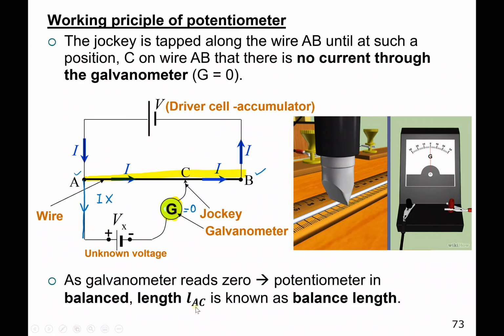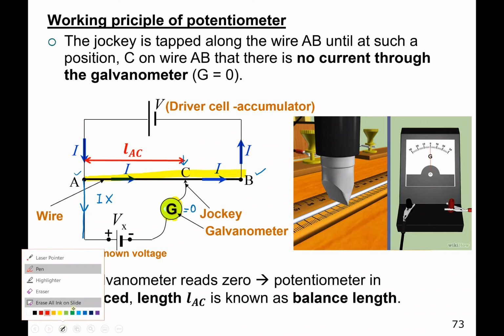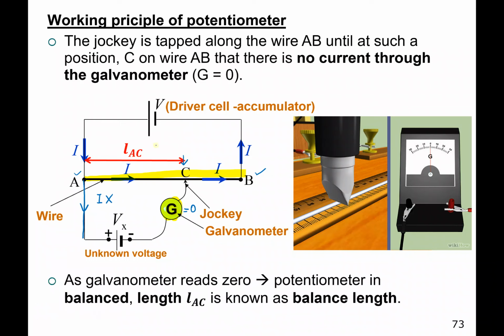For example, we tap the jockey along point A to B. At one point, in this case point C, if the galvanometer reading is zero, then A to C is called the balanced length. So from A to C we call it L_AC, which is actually the balanced length.